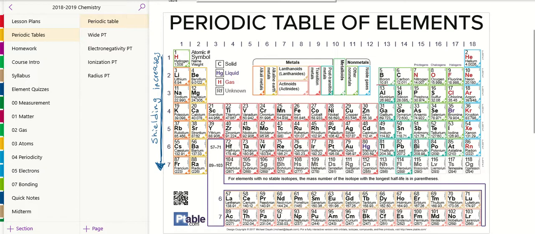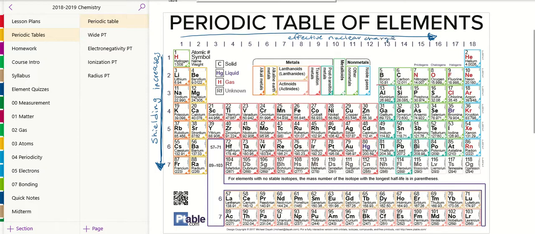So, what about effective nuclear charge? We're going across a period. So what happens as we go across a period to effective nuclear charge? It increases. Why does it increase?